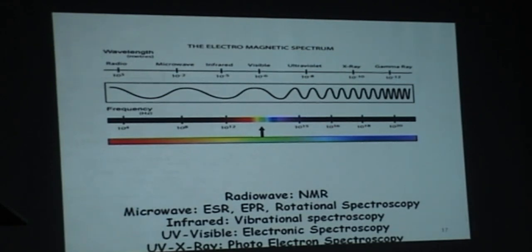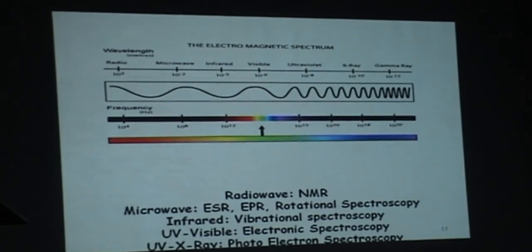This electromagnetic spectrum can be divided into several regions. One is the radio wave region, then the microwave region. Microwave we all know, it has entered the kitchen. Then infrared, visible, ultraviolet, X-ray, and gamma rays.